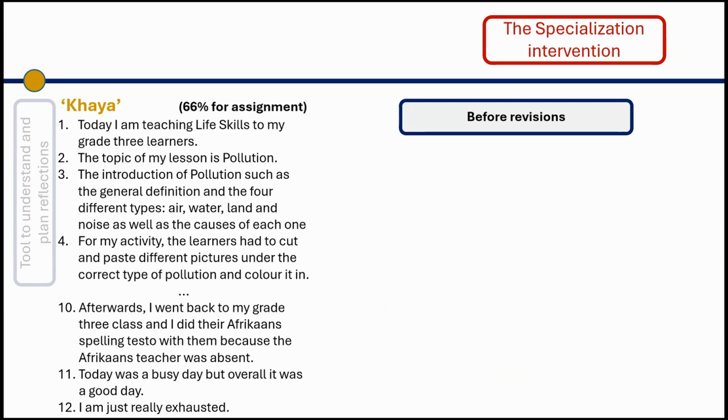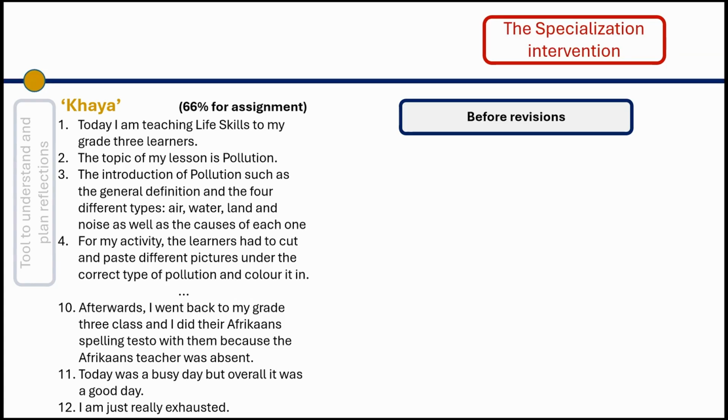So let me quickly show you what we've seen. So this is Kaya, who got 66% for the assignment. This is from this year, 2025. So it's an average mark. Kaya tends to be an average student, getting in sort of the 60%.